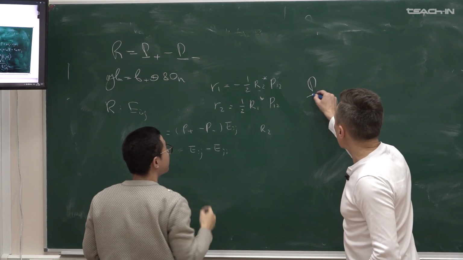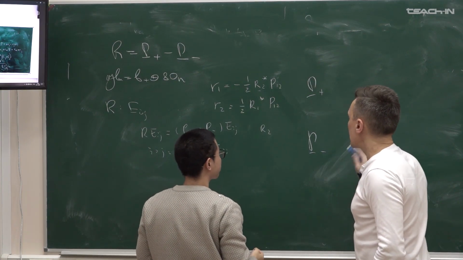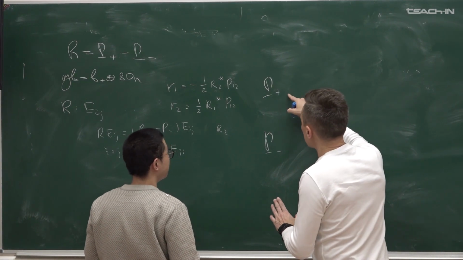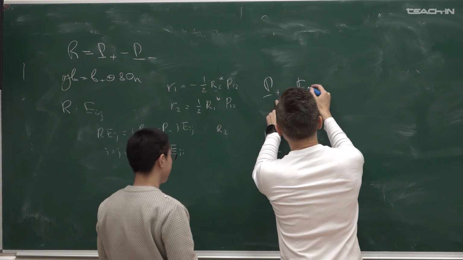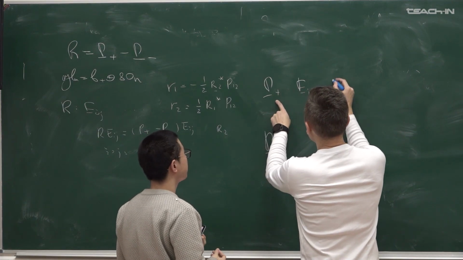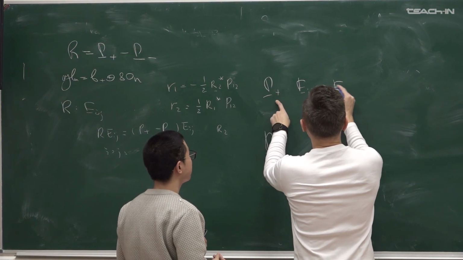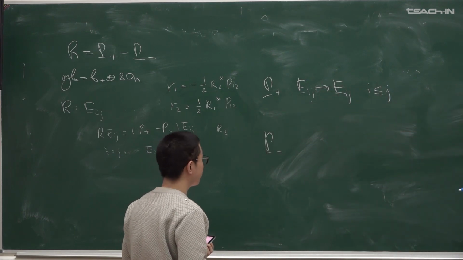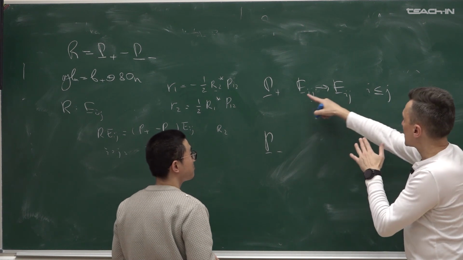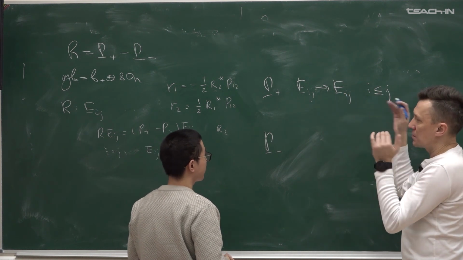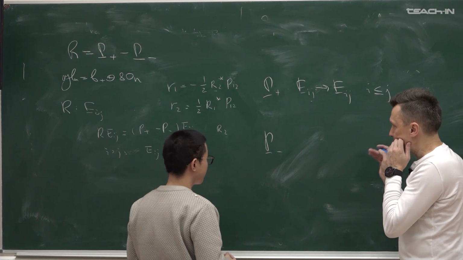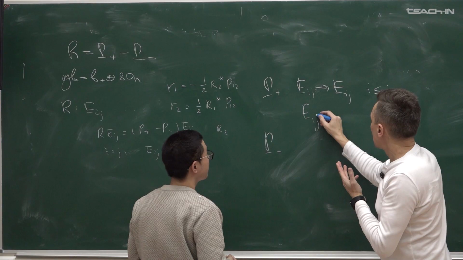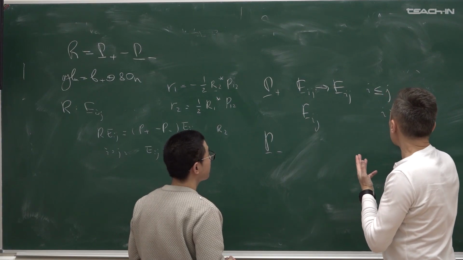Let us write separately for P plus and P minus how they act on generators. I will write the first row. P plus acts on Eij identically if I is less or equal to j. It means that if this is a generator of B plus, it is preserved by this projection. How does it act if I is greater than j?